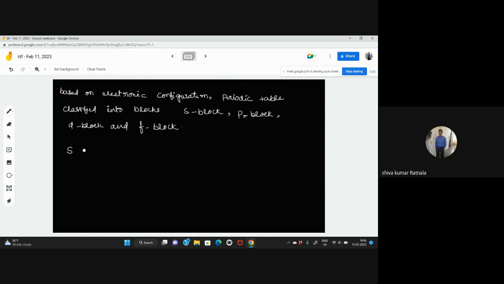The s block contains two groups: the 1A group, which we have seen already, also called alkali metals, and the 2A group, which is also called alkaline earth metals.